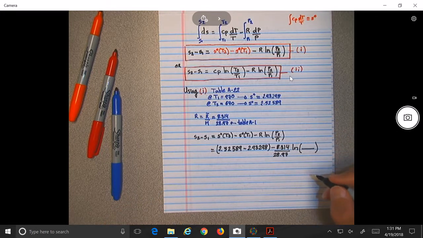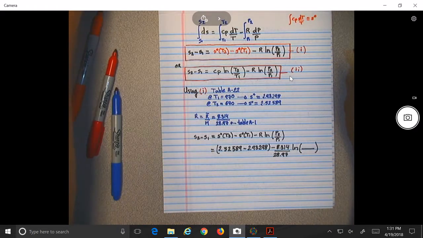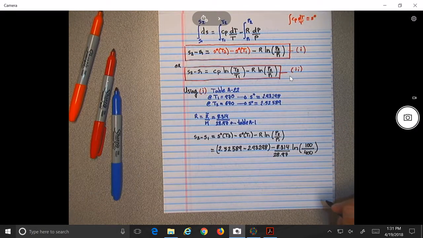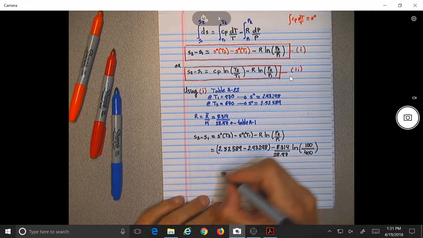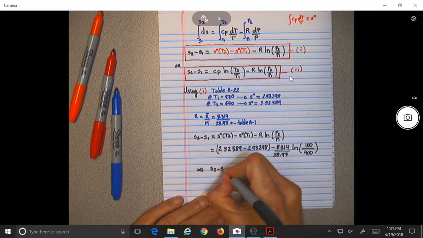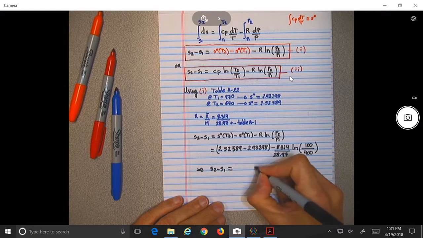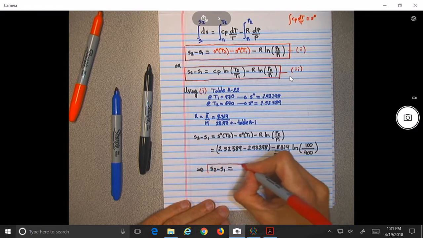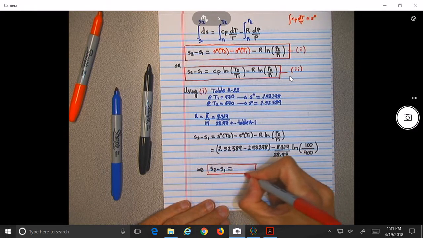What is P2? I don't remember. So P2 is 100, P1 is 400. P2 over P1, so it's 100 over 400? Yes. So it looks like you're going to get a negative sign.